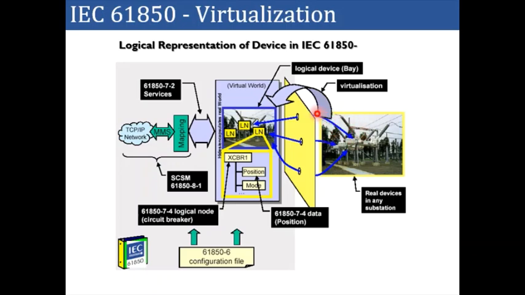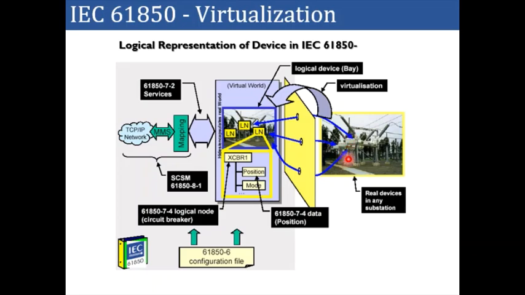So what will happen in that case? The hardware bay will be first converted into a software bay, which will be nothing but a logical device. Now in that logical device, we will have multiple logical nodes such as transformers, circuit breakers, or maybe the data acquisition devices.